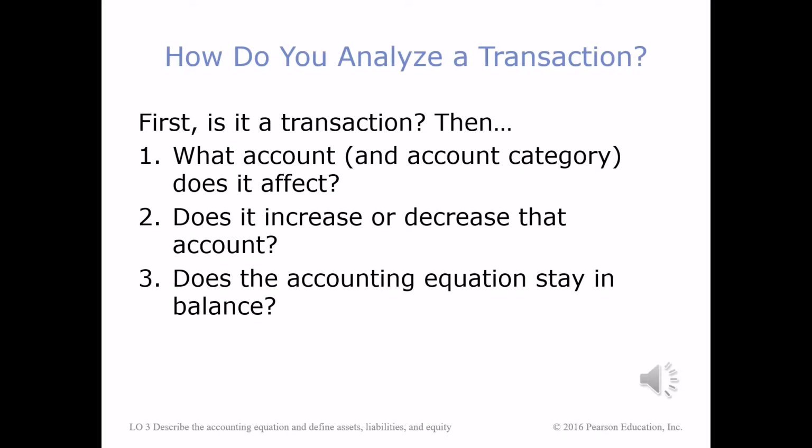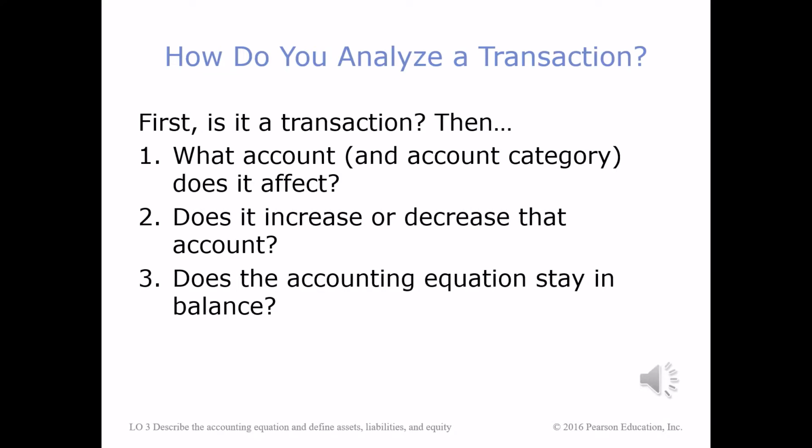Whenever we do transactions for a business, you need to think about these 3 questions. First of all, what account or account category does it affect? So accounts are like cash, inventory, accounts payable, capital. Those are accounts. What account category does it affect?